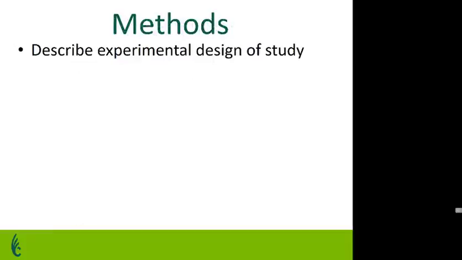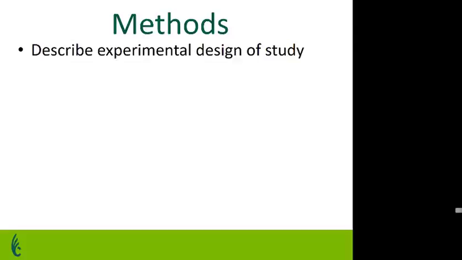When you talk about methods, you do not want to get into the nitty-gritty. The audience doesn't need to hear buffers, specific steps. Really what they need to know is experimental rationale.